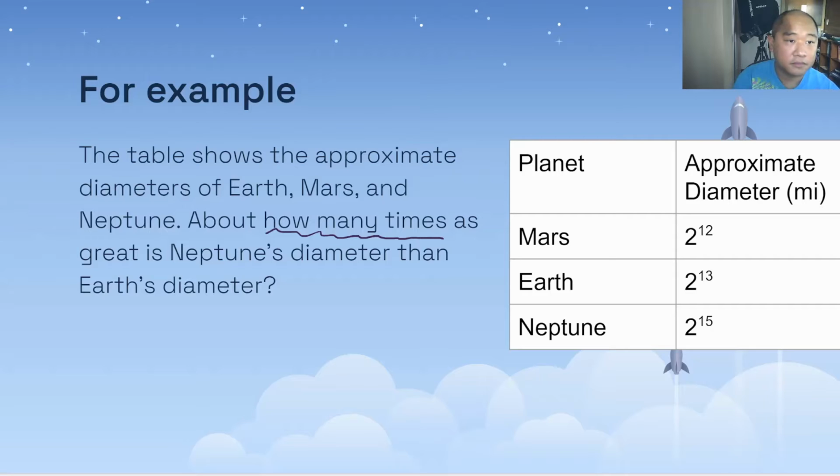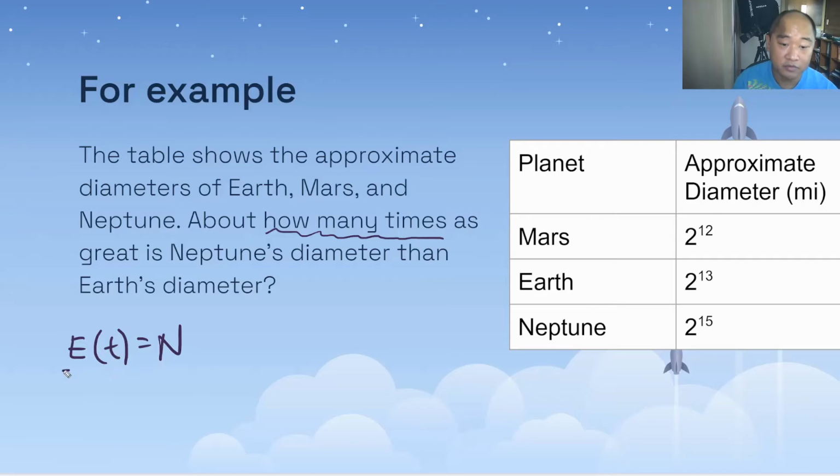Well, where's my pen? Okay. Another way of finding out how many times we want to know how many times. So I should go back to that example I was just using. So let's say Earth's diameter times the number of times equals Neptune's diameter, right?